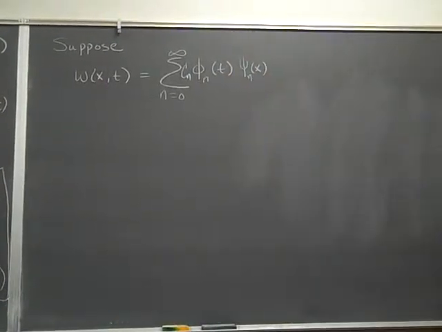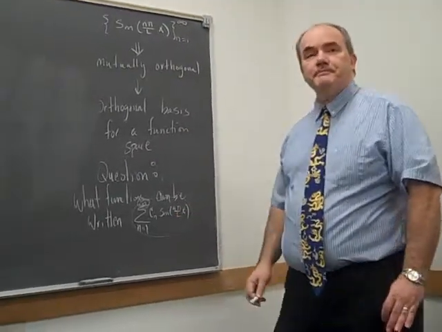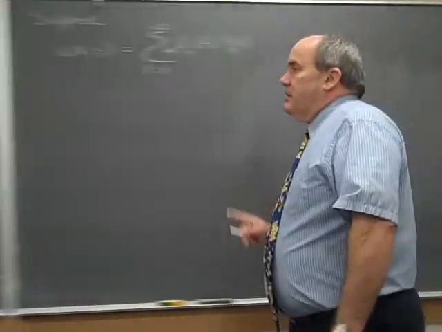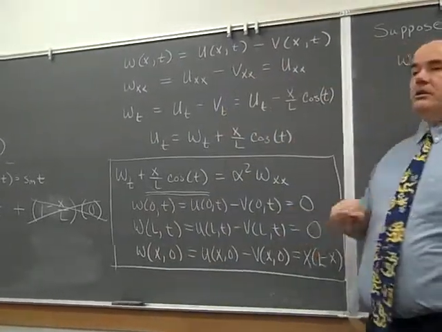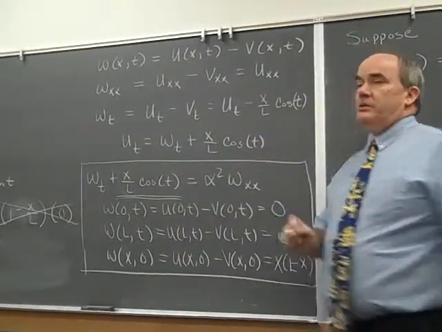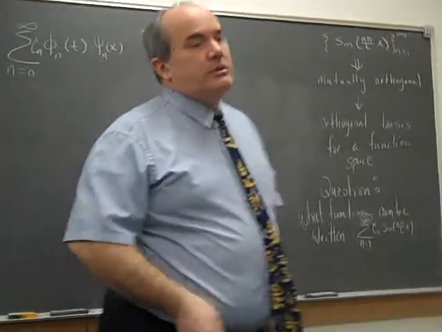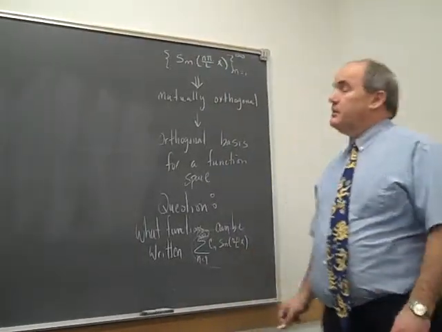Are you going to be able to do it with just sines always? Where did the sines come from? Oh, because we're doing homogeneous. Because over here I have homogeneous Dirichlet boundary conditions. Now, what if I had homogeneous Neumann boundary conditions? Cosines. And we still are trying to figure out what it would be if we had homogeneous Robin boundary conditions.